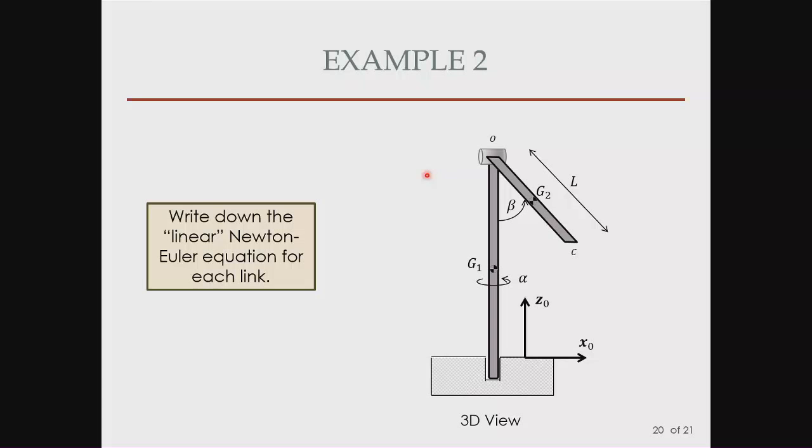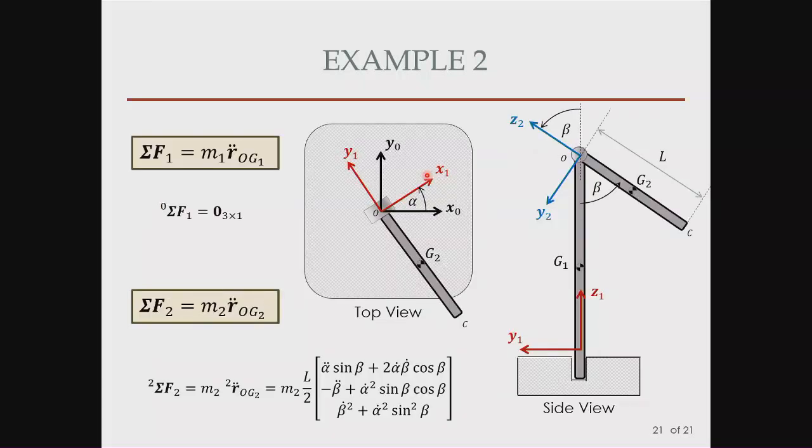Now for this example, it's pretty much the same. You can see here for the vertical link, because the center of mass of the vertical link is fixed, it's stationary, it has no linear acceleration despite it rotating. We have this equation, which is like what you would do in statics. And this one, you can check it.